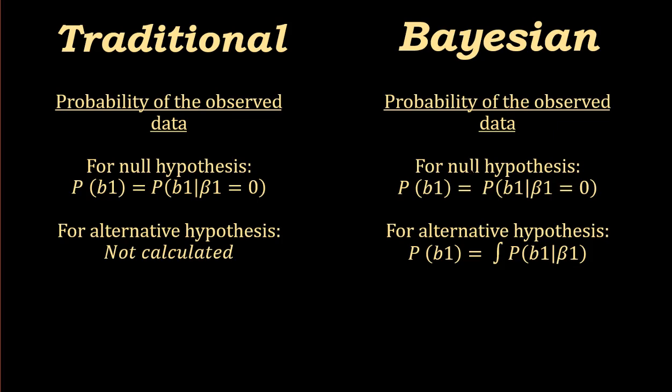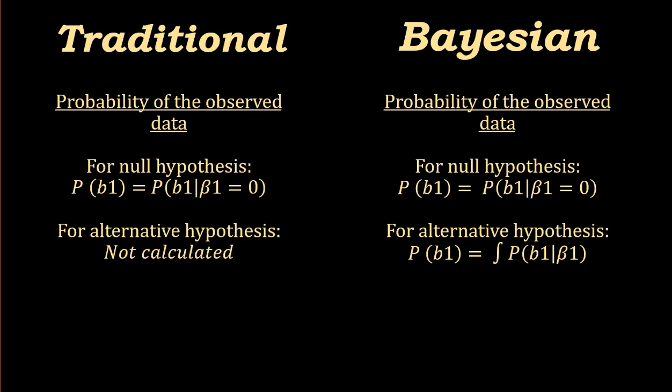The same for the null model in the Bayesian approach. The probability of B1 will be the probability of B1 given that beta 1 is 0. And so we use the values of that sampling distribution. What's the probability in that sampling distribution of observing the value of B1 we observed in our sample?